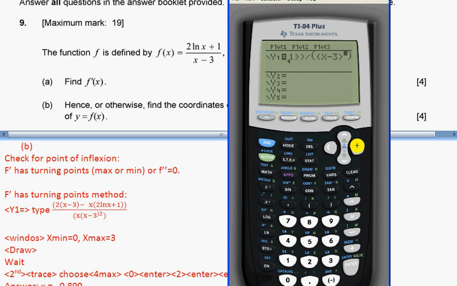I should insert x here. Ready. Let's see.